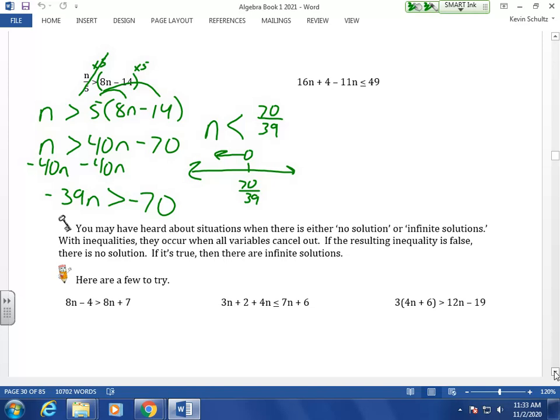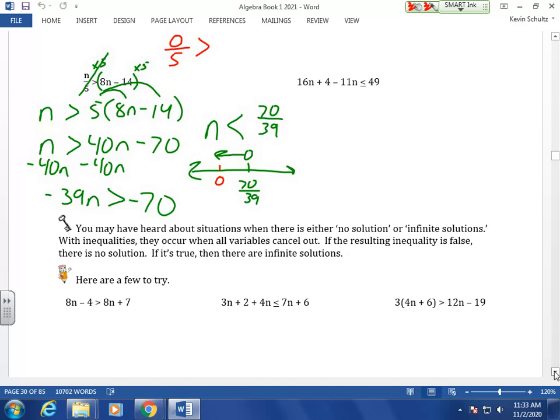What number would you like to use to check this? 0? If we use 0, should that work? Yes. 0 in this case is over here, right? It's part of our solution set. So if we have 0 divided by 5, excuse me, that's going to sound horrible on the recording.